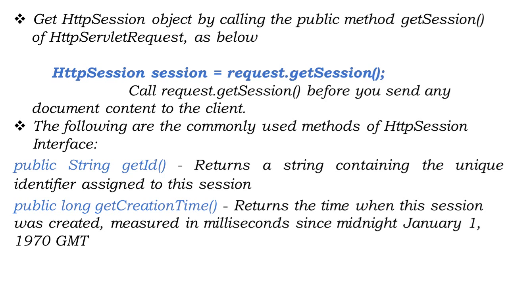The first method is public String getId. This method is used to return the unique identifier for the session. The next method is public long getCreationTime. This method returns the time when the particular session was created, and it is measured in milliseconds.